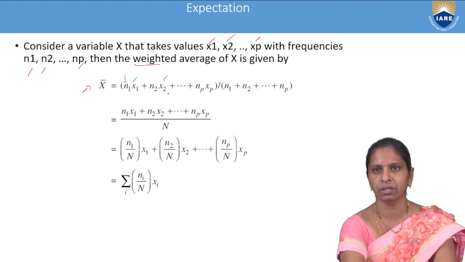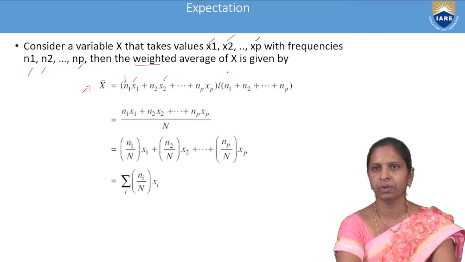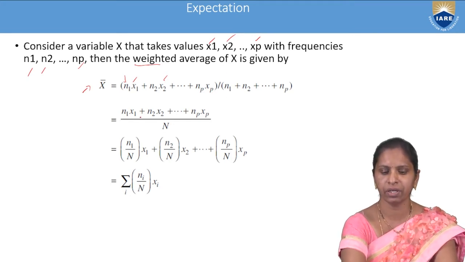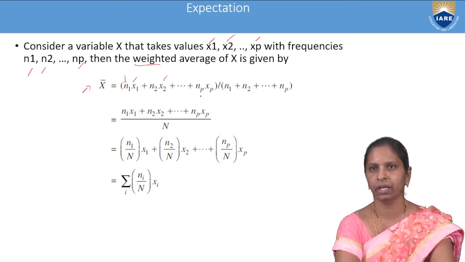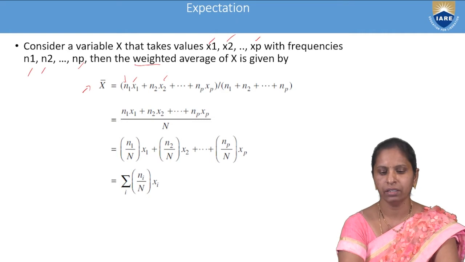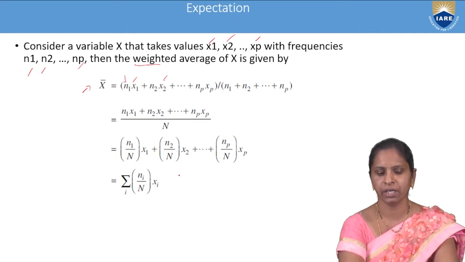Then the weighted average of this variable x is equal to n1 into x1 plus n2 into x2 plus and so on, np into xp, by the total number of values. How many are having totally your variables? n1 plus n2 plus and so on, np. Then if you simplify, how can I get here?